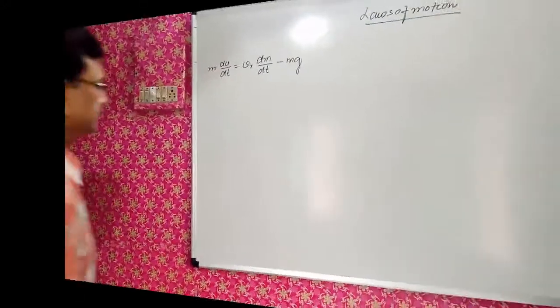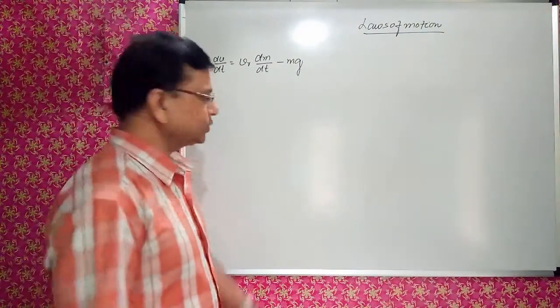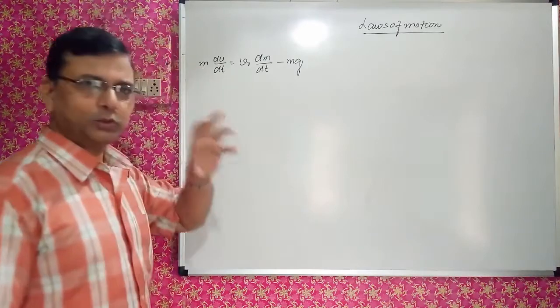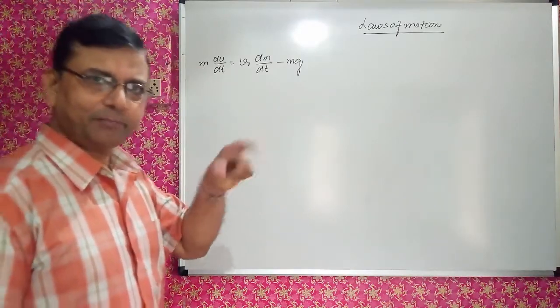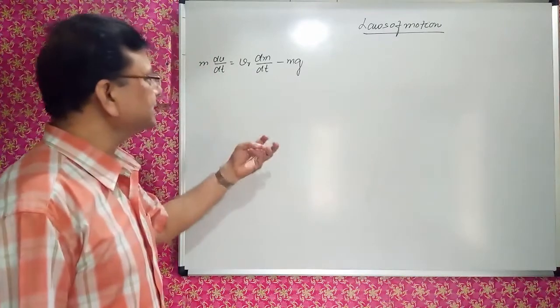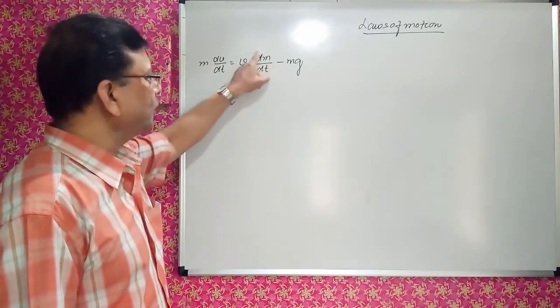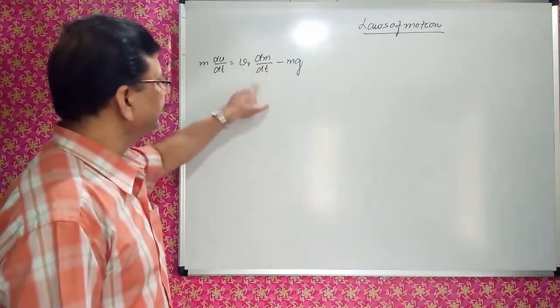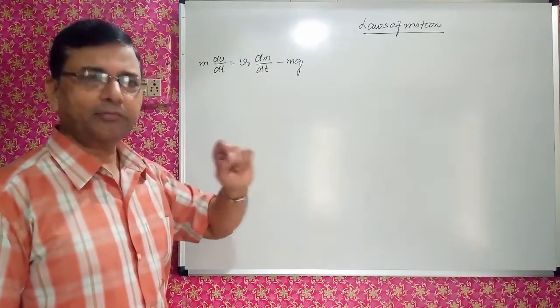So we have derived this equation where m is the total mass of the system, rocket plus unburned fuel. This is the acceleration of the system. This is the amount of fuel getting burnt in unit time, the rate of burning of fuel.